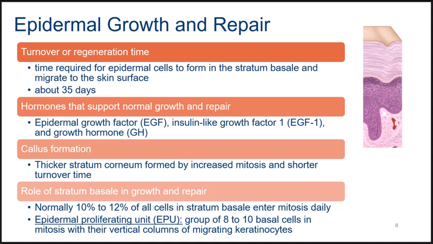Now, if abrasion to the skin occurs over a long period of time, a thicker stratum corneum can develop due to an increase in mitotic division and a shorter turnover time.